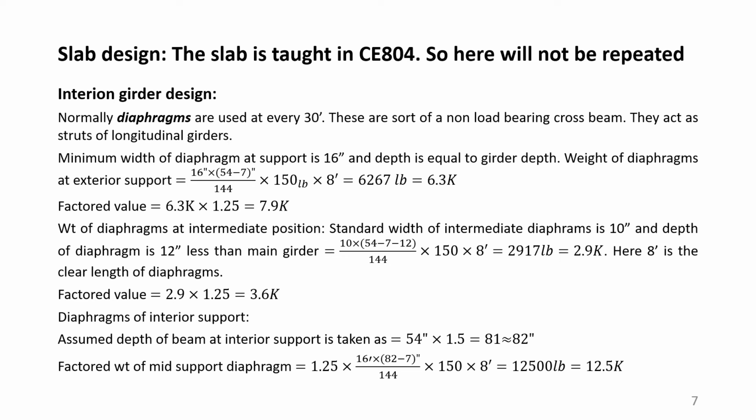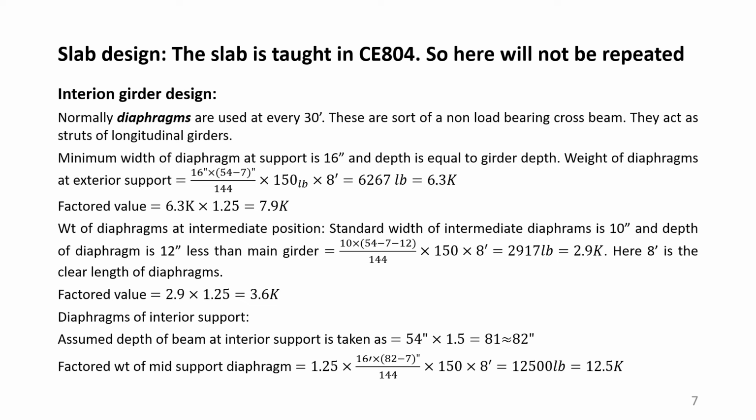These are kept smaller than the depth of the main girder. That is why, first of all, we have put this 10 inch, the width of the intermediate diaphragm, and the beam depth is 54. That minus 7 inch, the slab thickness, and minus 12 is the specification dimension of 12 inches.